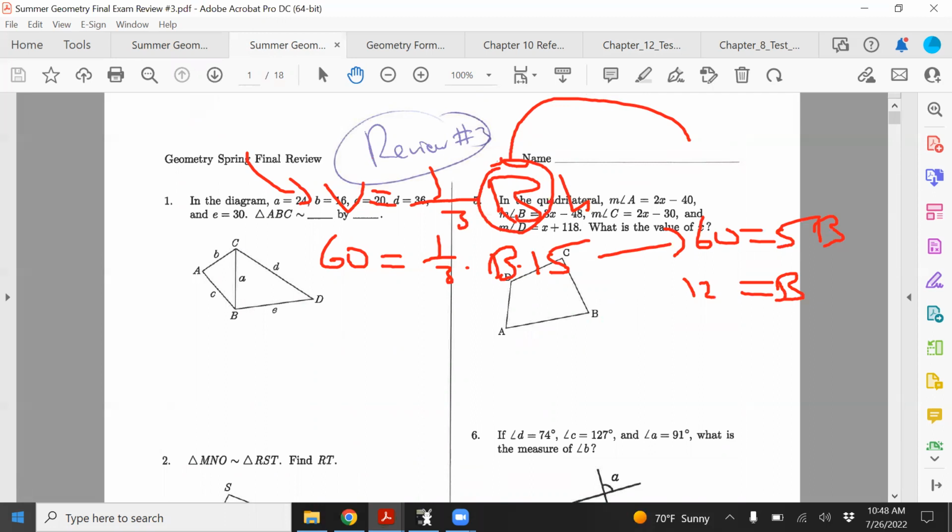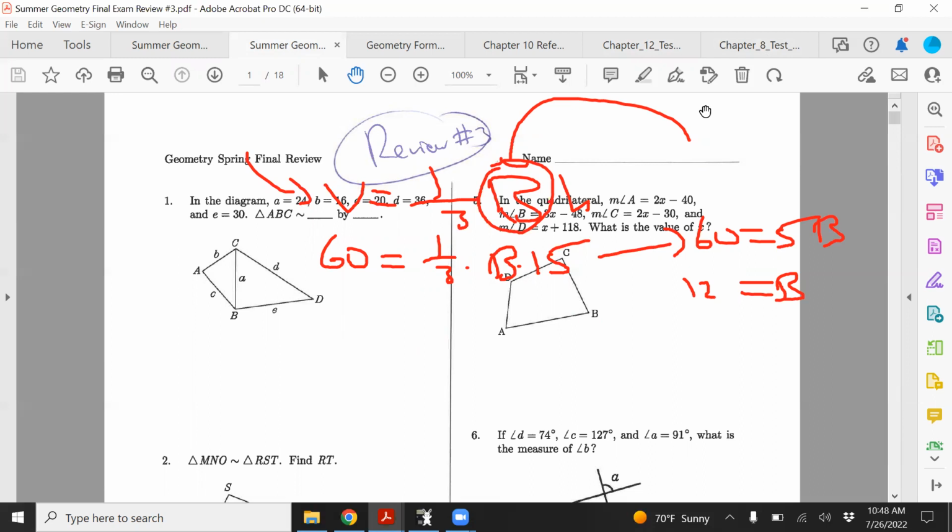Properties of parallelograms, trapezoids, kites, rhombus, rectangle, square. That's kind of all one topic. Or that's kind of all chapter 8.